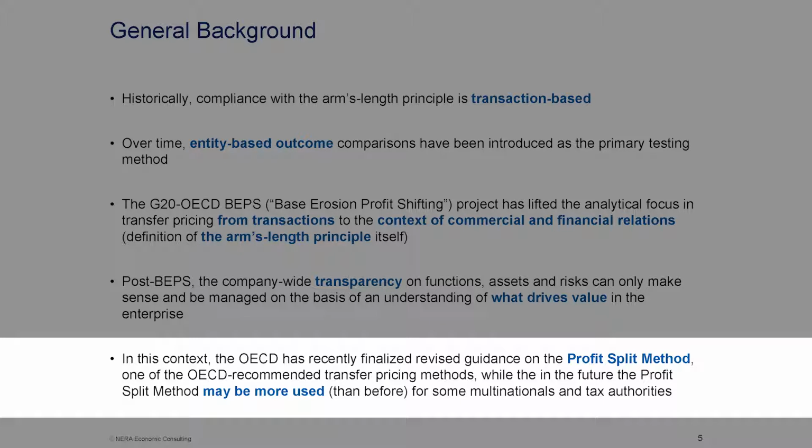And thus, transfer pricing involves nowadays understanding how companies are jointly contributing to the value creation of a company on a global basis. And there comes the introduction of significantly more emphasis on the profit split method, which exactly involves situations where two parties are contributing unique and valuable contributions to the joint parties.